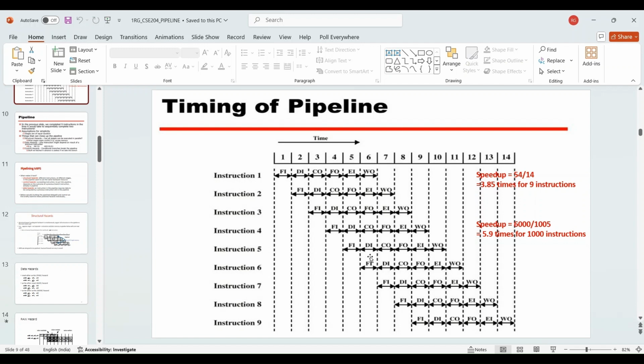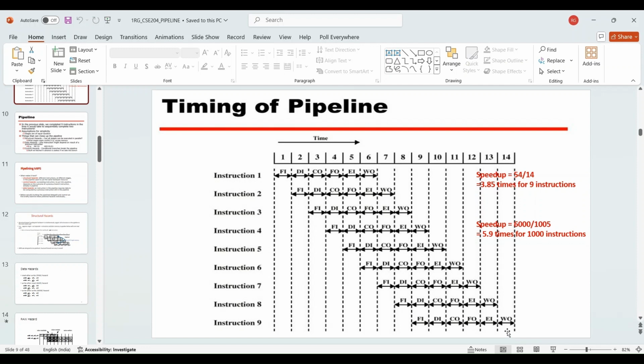And only on cycles 6, 7, 8, 9, all 6 stages are working. So that is the maximum utilization of the pipeline. But from 10 to 14, again you can see fewer stages are working, and in cycle 14 only one stage is working, and that is called the pipeline draining time wastage.